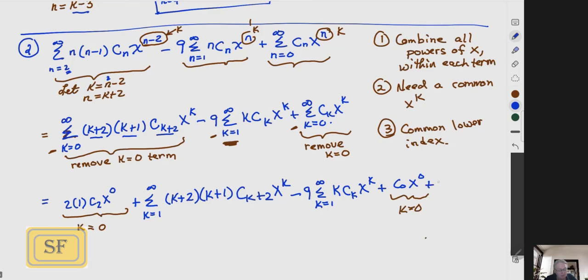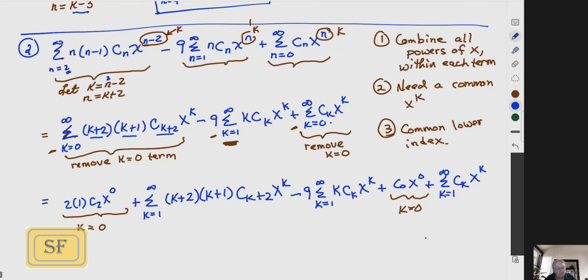And then I have a summation, k goes from 1 to infinity, c sub k x to the k. So now that I have this x to the k in common, and a common lower index, I can combine my summations together.